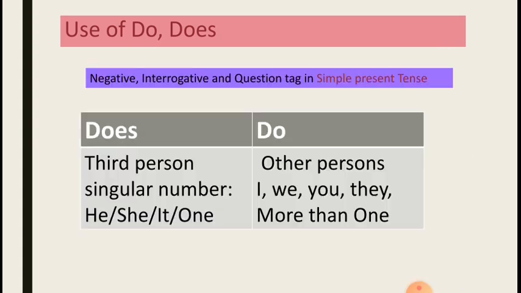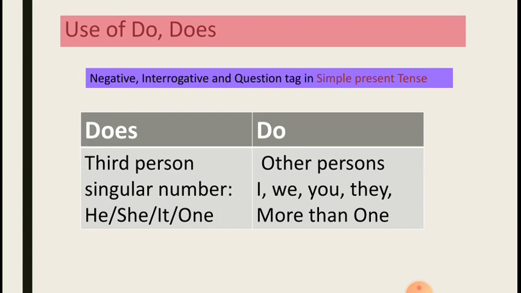Now, let's look at another difference. In simple present tense, we use do and does. But when to use do and when to use does? When the subject is third person singular, that is he, she, it, one person or thing, then we will be using does.